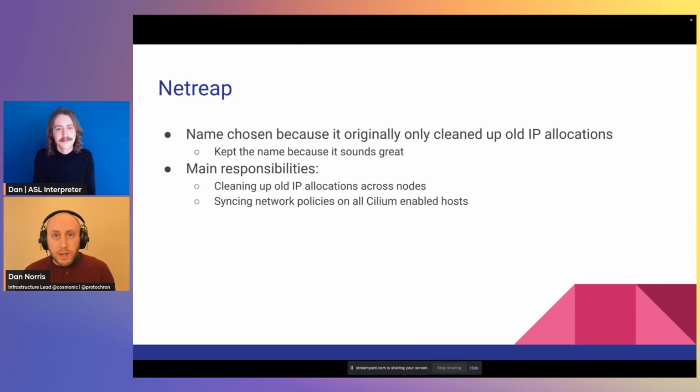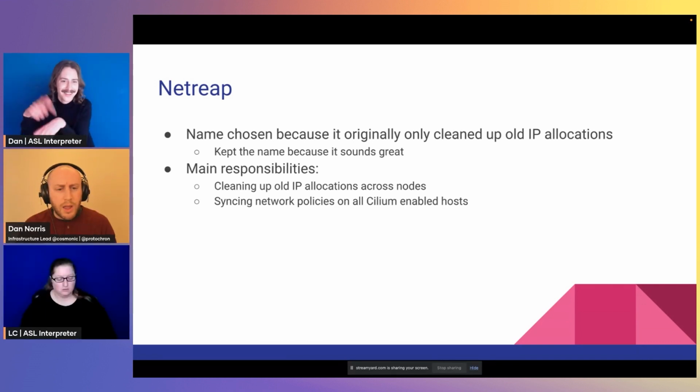So as I had mentioned, one of the things we found out when we were going through this process is that everything's very Kubernetes dependent, at least if you're trying to do bookkeeping and make sure everything's sort of staying up to date. So we ended up writing a little Go binary that can run within a Nomad cluster called Netreap to kind of help take care of that stuff for us. We originally chose the name just because all it was actually doing was cleaning up old IP allocations.